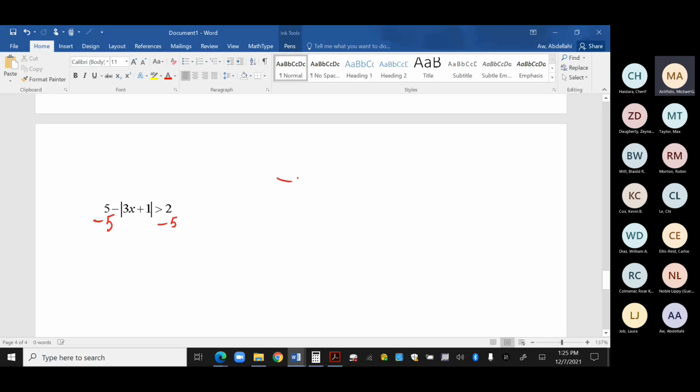We get negative 3x plus 1 is greater than negative 3. And then when you multiply by a negative sign on both sides, to get the absolute value by itself, you're going to change the greater than to less than, right? Everybody understands these steps right here?